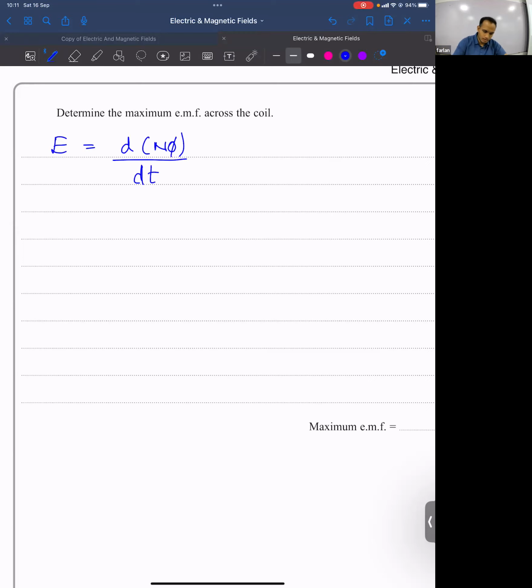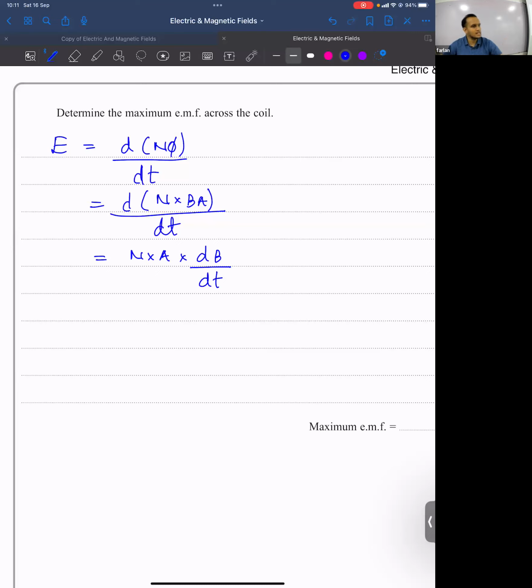Don't write, listen to me. d(N phi) means N into B into A over dt. N is the number of turns, that is a constant. A is the cross-sectional area, that is a constant. Those two don't change. So I can write this as N into A into dB over dt.